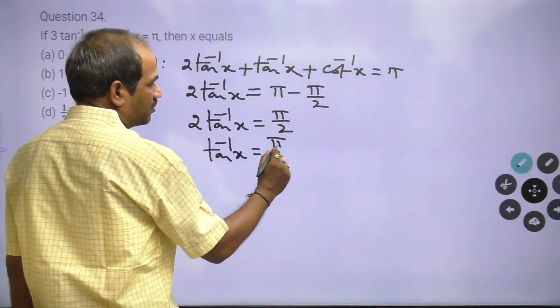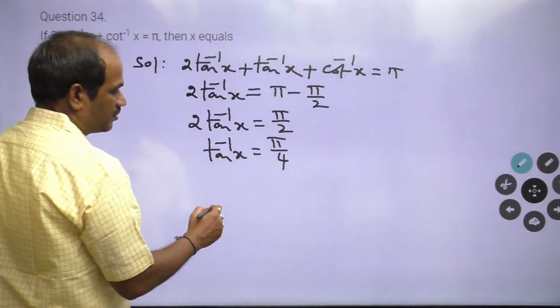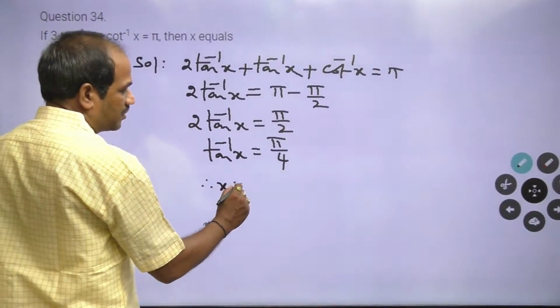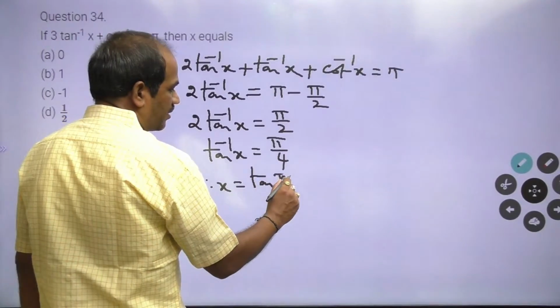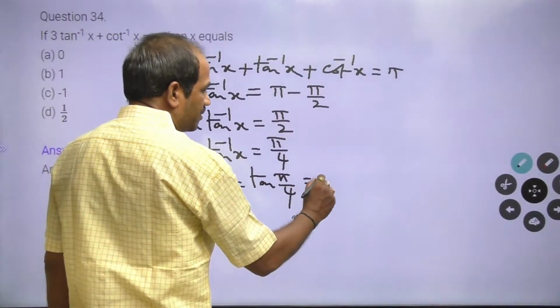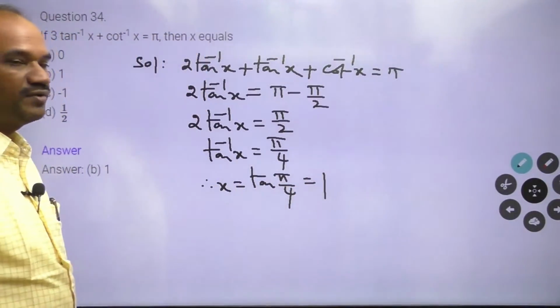Cross multiplying, tan inverse x is equal to pi by 4. Therefore x is equal to tan of pi by 4, and the value of tan of pi by 4 is 1.